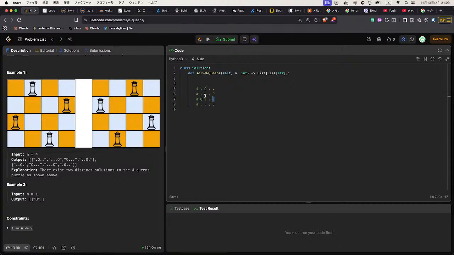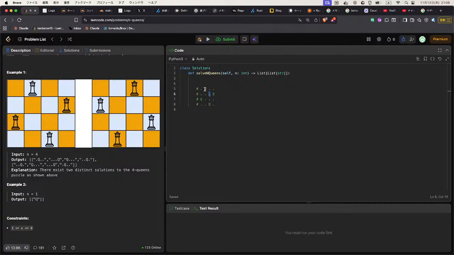It has the same y difference and x difference, right? So in this case, for this queen, the placements on this line are here and here.